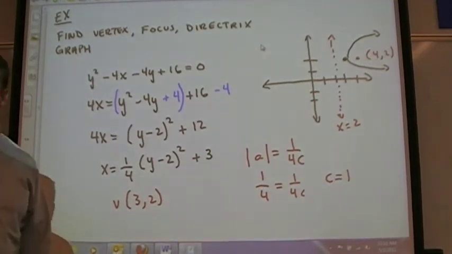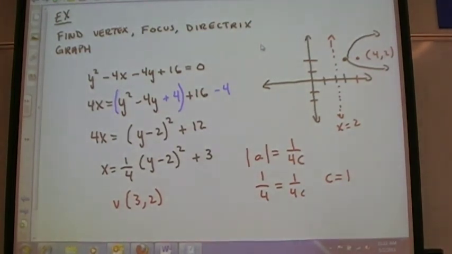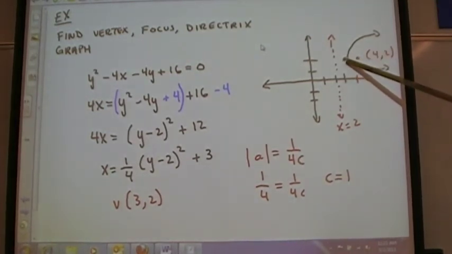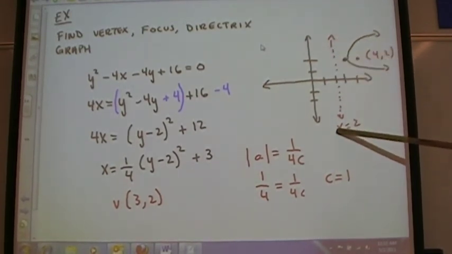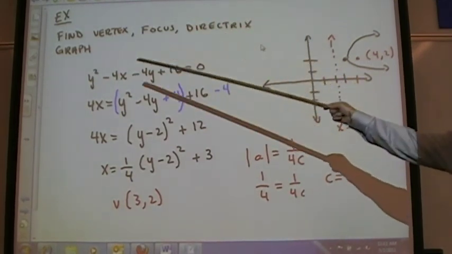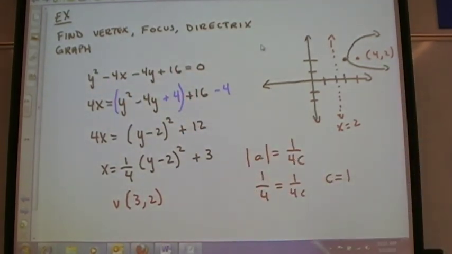So if c is 1, your focus has to be 1 unit from the vertex. So it comes over here to 4, 2. If the vertex is at 3, 2, the focus has to be at 4, 2. And therefore the directrix is back 1 unit, so it's got to be at x equals 2. So we sort of did all of this. We did all 4 of them at the same time.